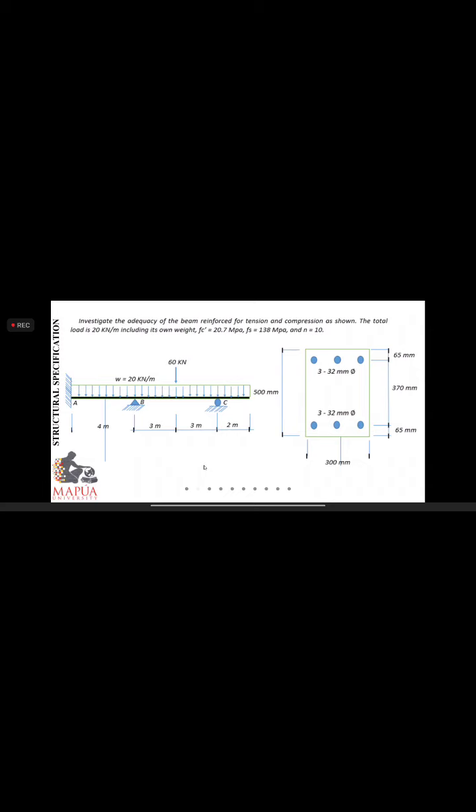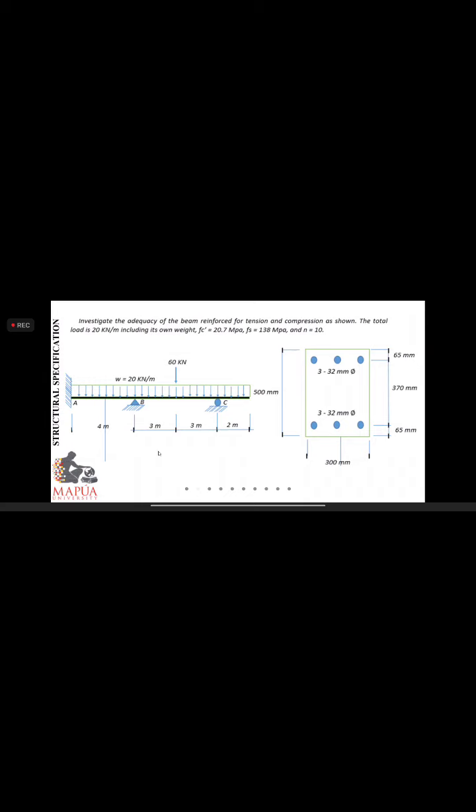The highest magnitude, whether positive or negative, in the moment diagram is the governing service moment here. The governing service moment will be compared to the moment capacity. So the moment capacity must be greater than the service moment to declare it safe.